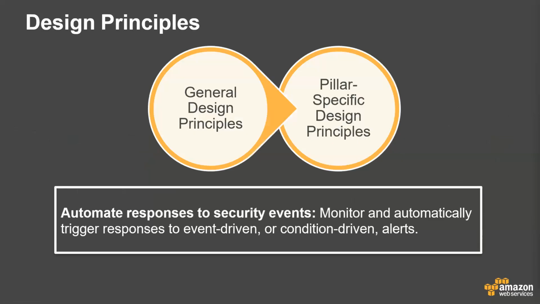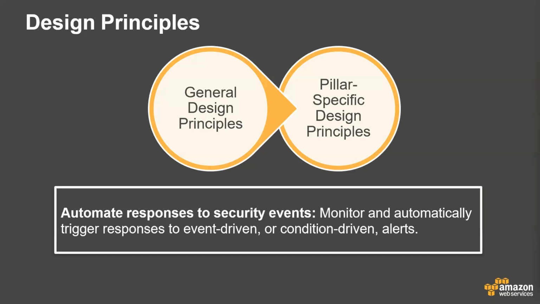Okay, before we get into security, we have mentioned the designing principles, and we have two. We have the general designing principles, and we have pillar-specific designing principles. So before we get into the pillars, let's just have a look at the general designing principles and see what they talk about. As I mentioned, designing principles refer to the fundamental concepts and guidelines that underlie the designing and implementation of workloads on AWS.